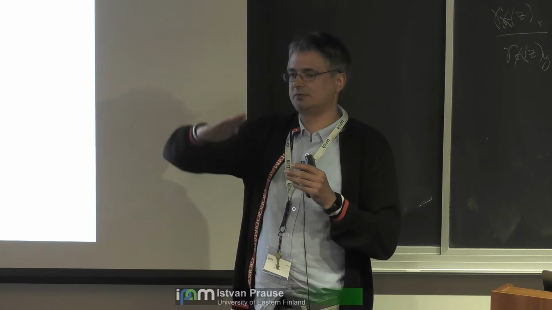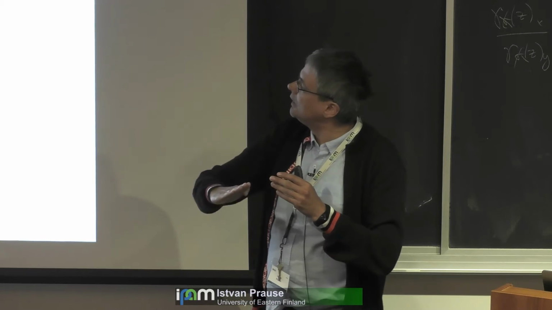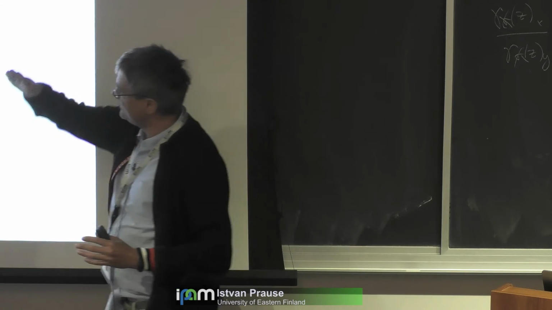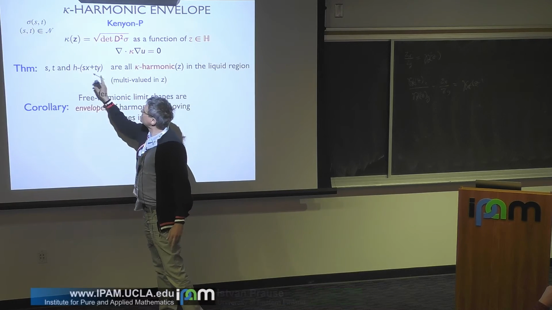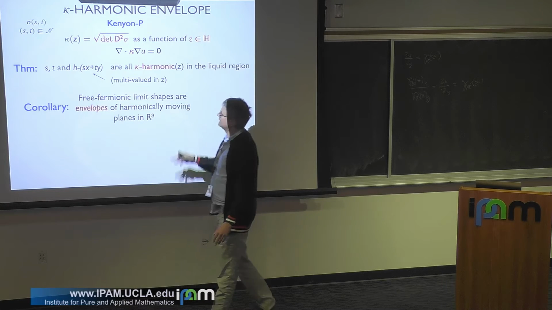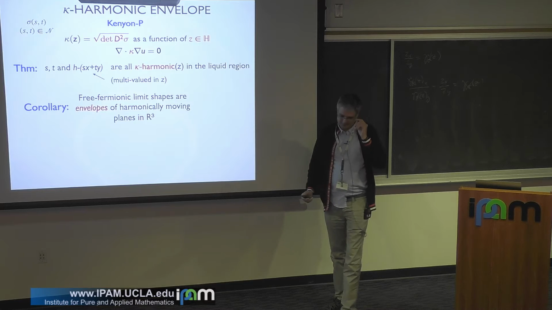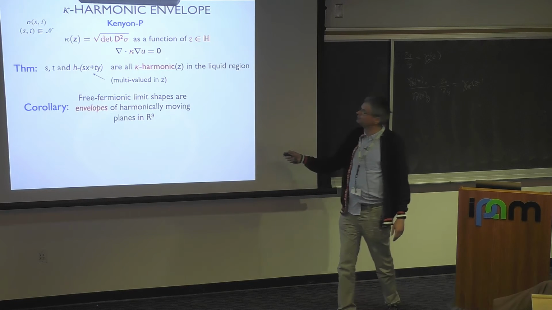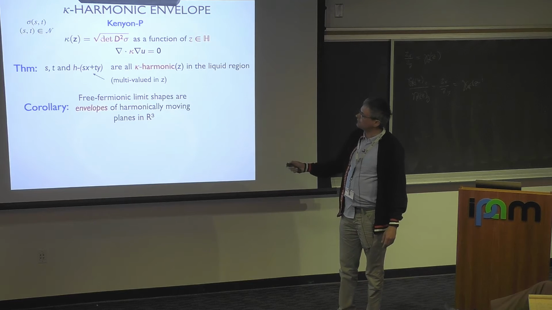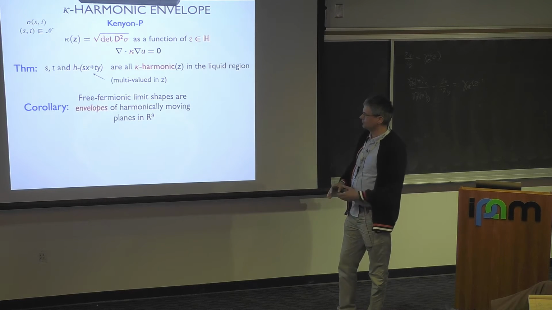But to find the exact tangent plane, I also have to tell what height, I mean, I can still shift in the vertical direction. So I have to specify 3 coefficients for the tangent planes, and this would be the third coefficient. And that's also kappa harmonic in this z. This is exactly the Euler-Lagrange equation. Now we have seen that for free fermionic models, this kappa is just constant, so we get harmonic functions.